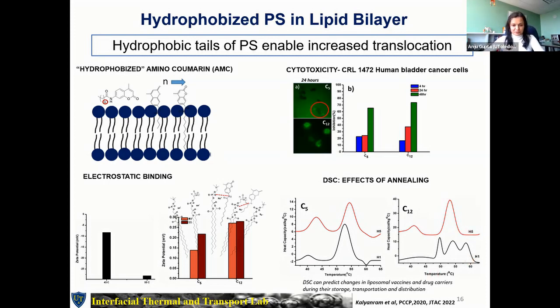We published this paper in 2022 where we suggested that you can use DSC to predict changes in liposomal vaccines, such as COVID-19 vaccines, and how they will change during storage, transportation, and distribution, because during storage and transportation you might expect different temperatures in the environment. So DSC is a very quick test to see how things will change when there are temperature changes in the environment.